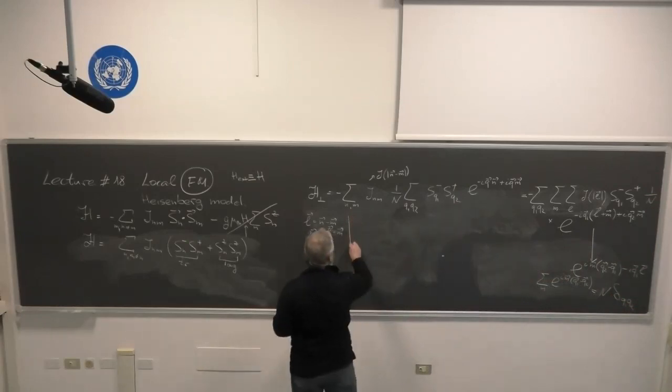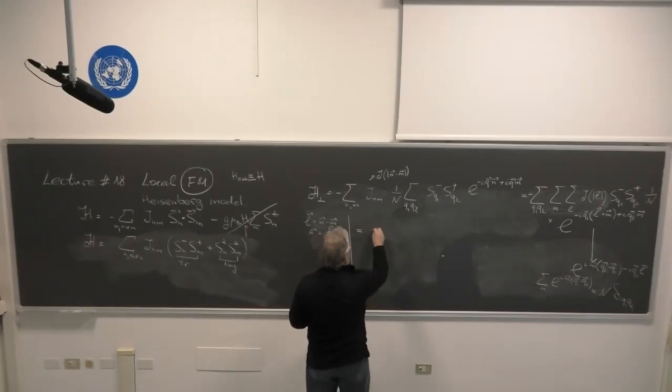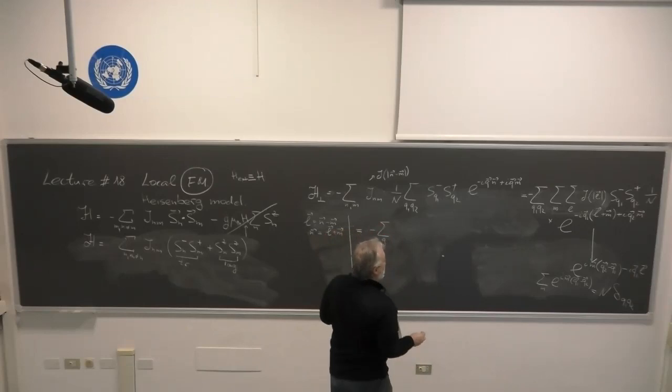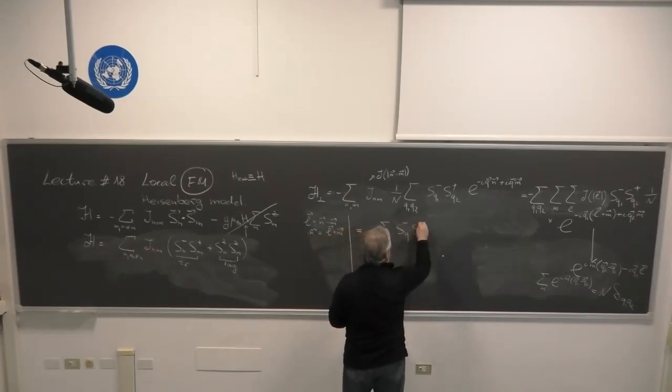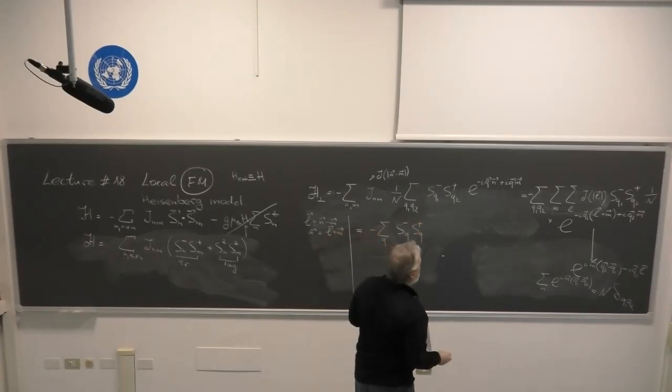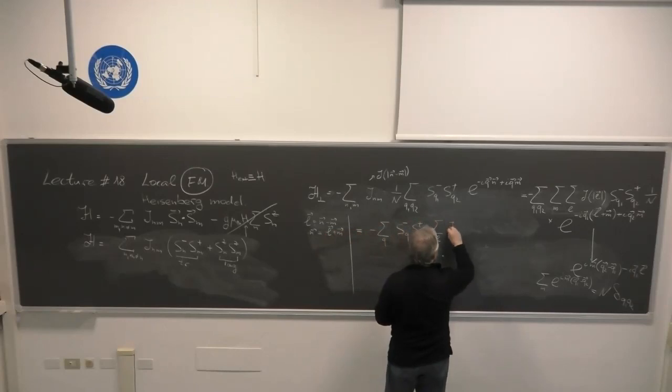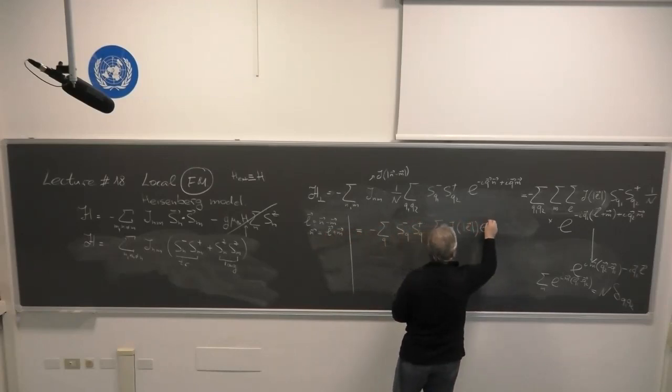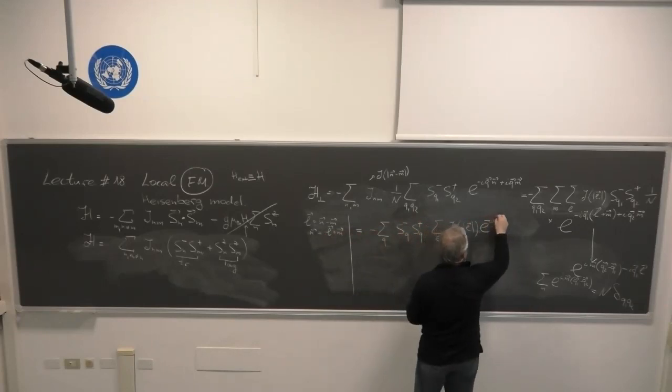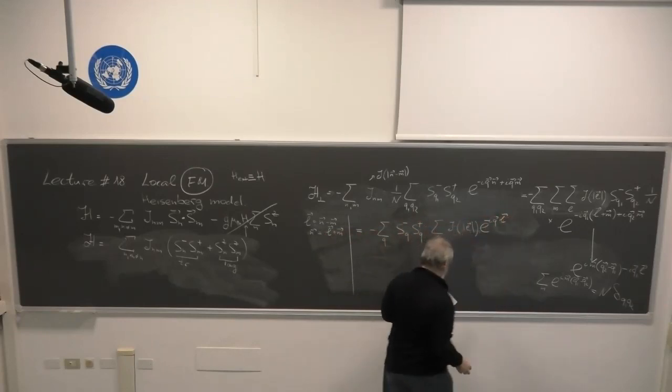Therefore, my Hamiltonian, I will continue here, is equal to minus sum over q, s minus q s plus q, and then there is sum over L, g which depends on modulus L, times e to the power minus i q L.